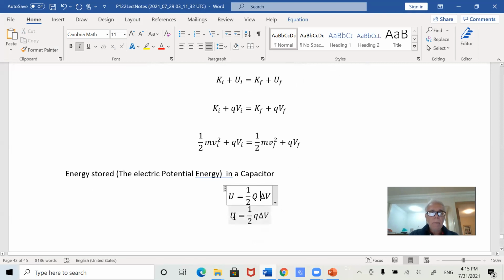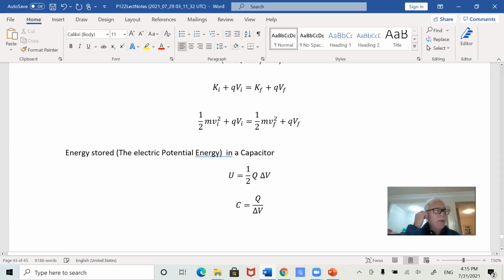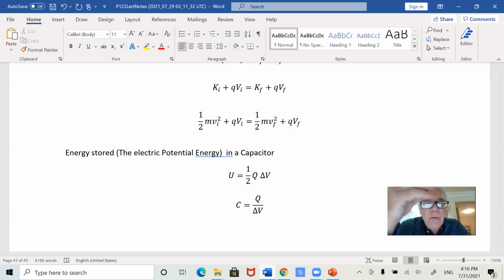The capacitance of the capacitor is defined as big Q divided by delta V. So we can rewrite this equation a different way just by using this relation. It's rather difficult to determine the electric charge that a capacitor is holding. Practically speaking, it's very difficult to measure it.